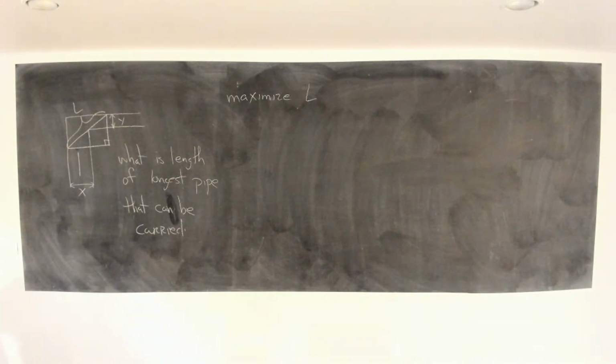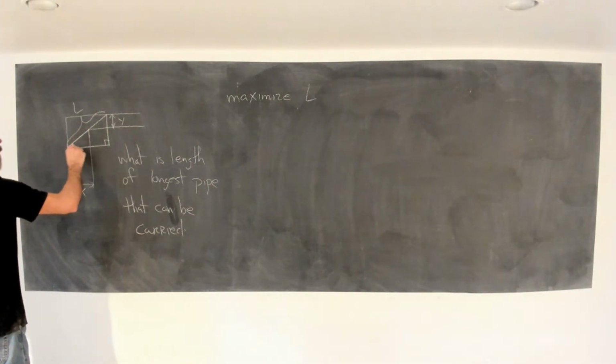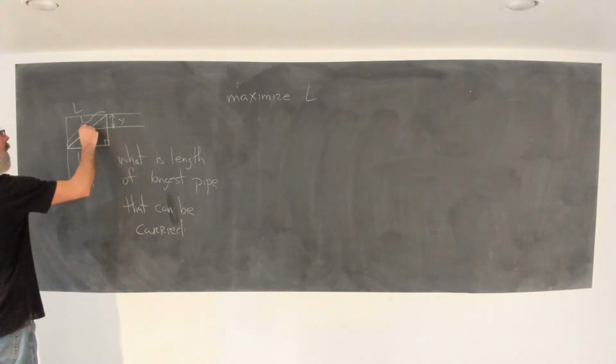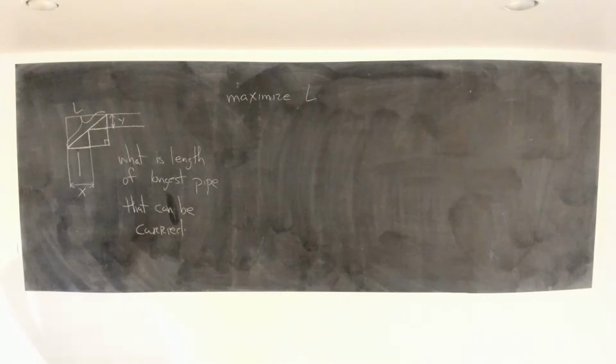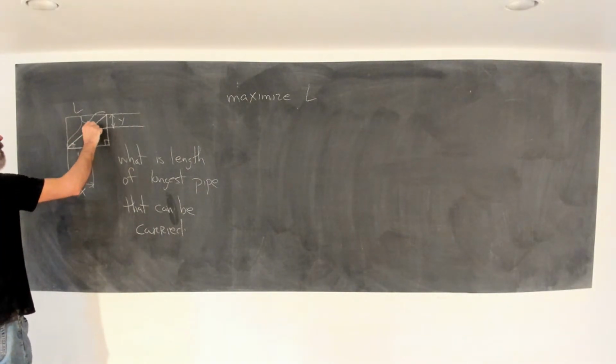Well, you have a few triangles, right? You have this triangle right here, you have that one right there, and this angle is the same as this angle.